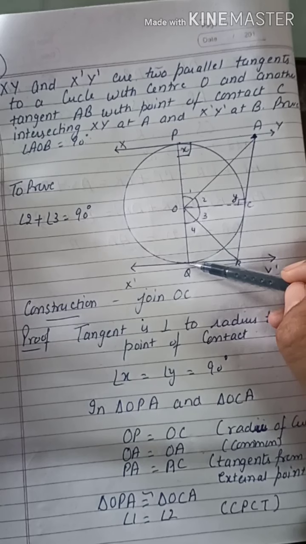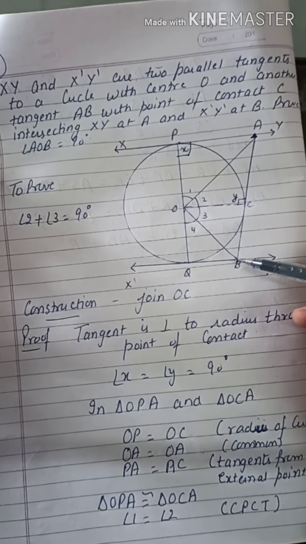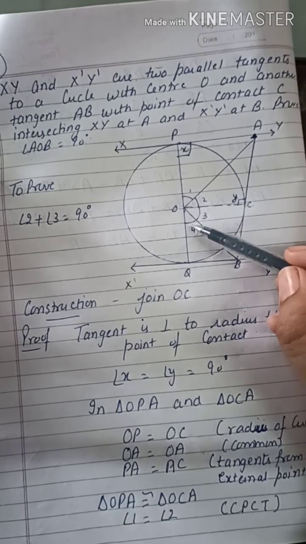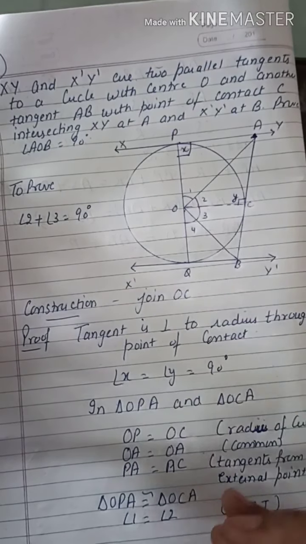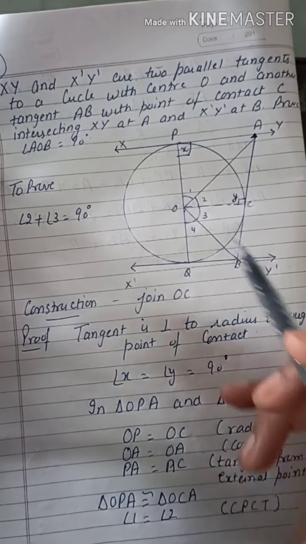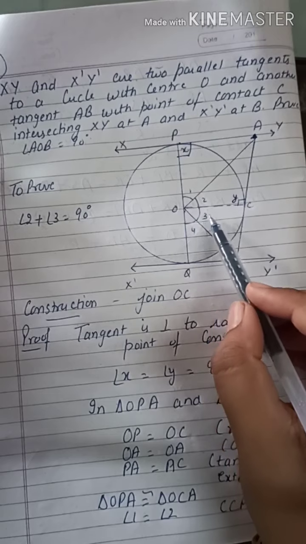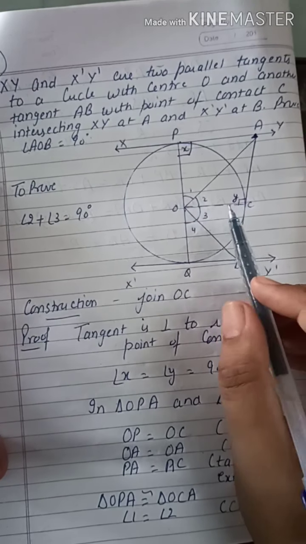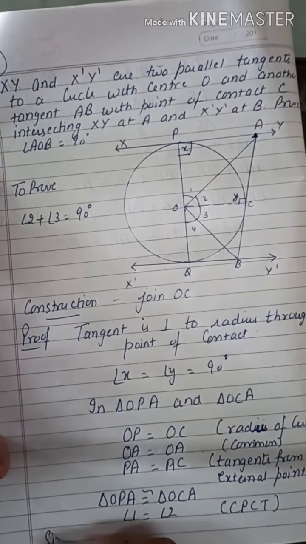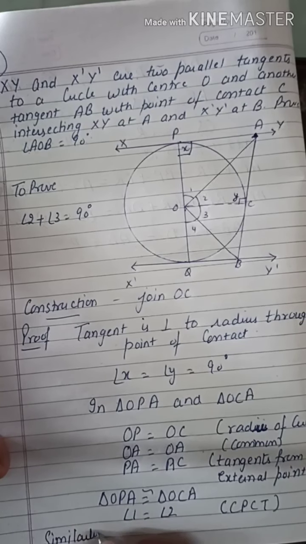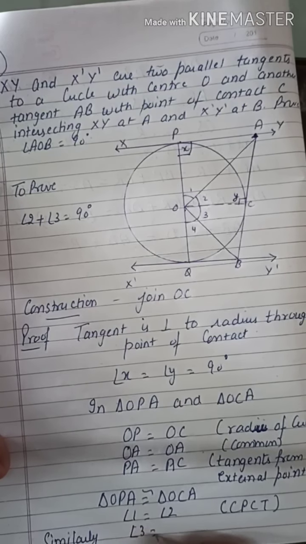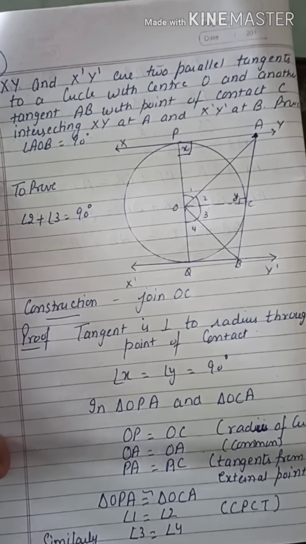Similarly, I will take these two triangles OQB and OCB. In the same manner, we will do all those parts, and we will get angle 3 equals angle 4. There is no need to prove it. Simply write similarly angle 3 equals angle 4.